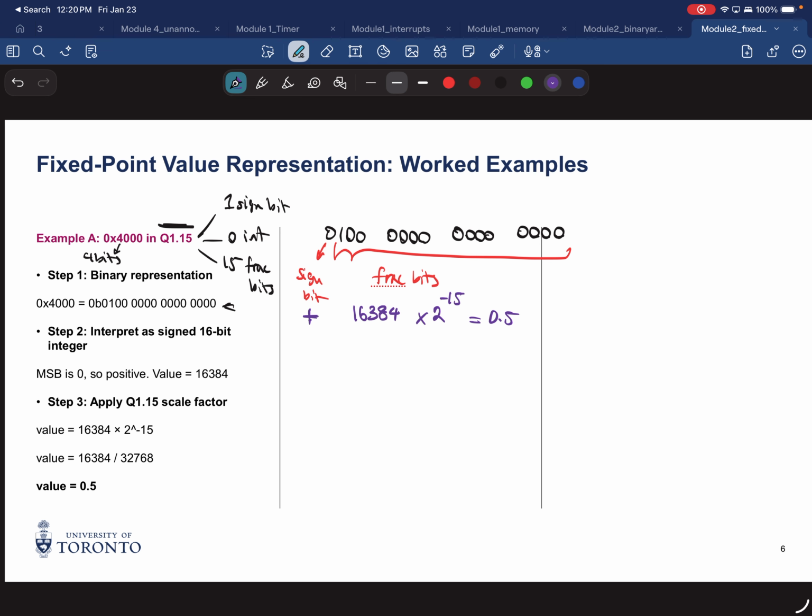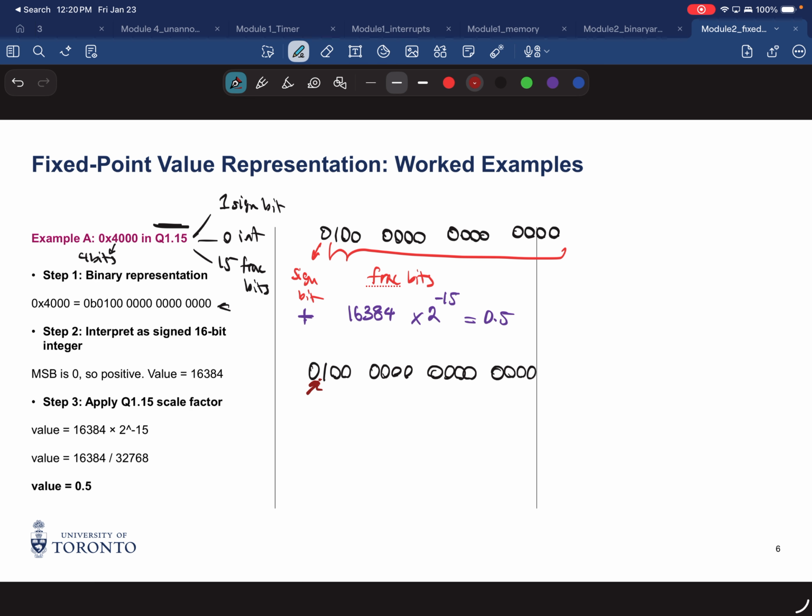Another way to look at this is, okay, I'm going to write this again. The fraction starts right here. That 0, be careful. It doesn't mean our integer is 0, it's our sign, okay? Our fraction starts right after this one. And then the other way you can do this is to say, if I had a first bit here, that would be 2 to the power of 0, right?